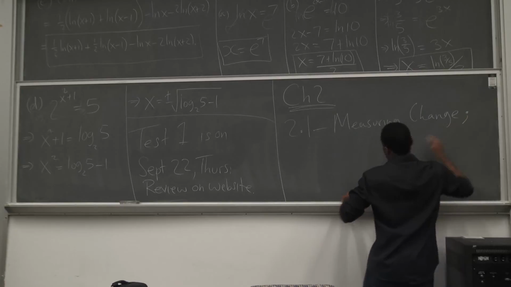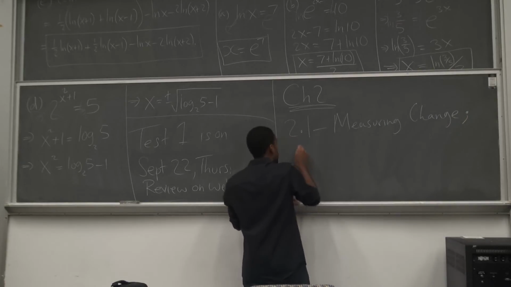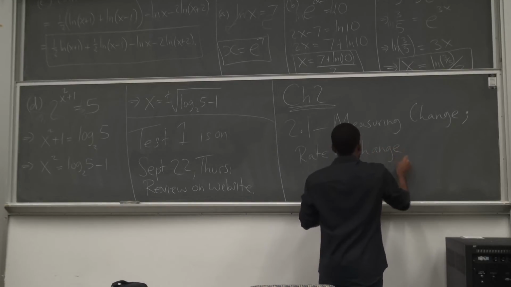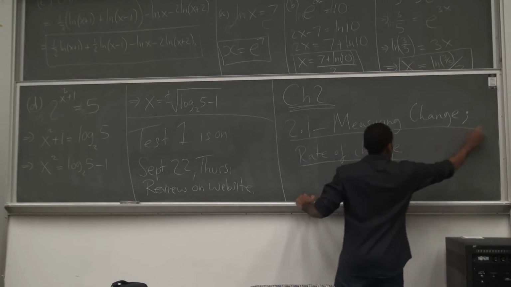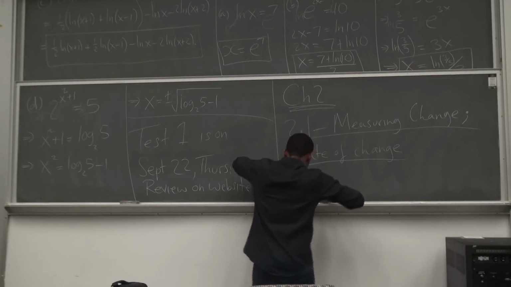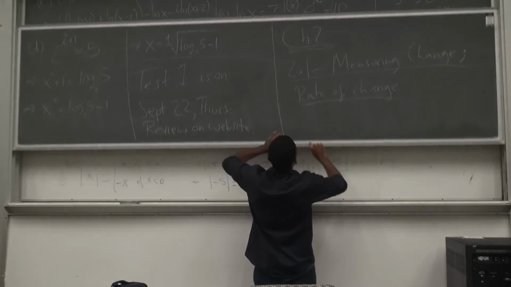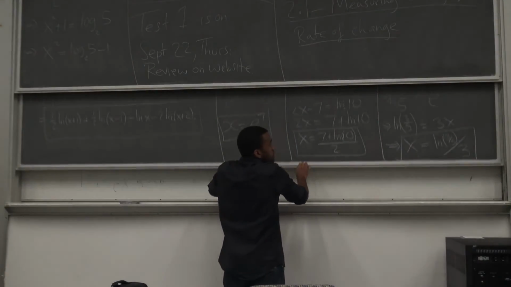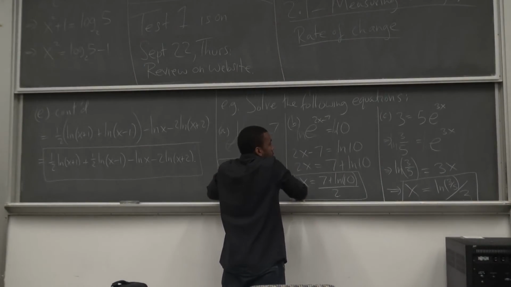And now we're going to deal with the concept of rate of change, not in its most general case, but in one particular case. So now we're getting into what calculus is all about. Rate of change. Well, half of it is.